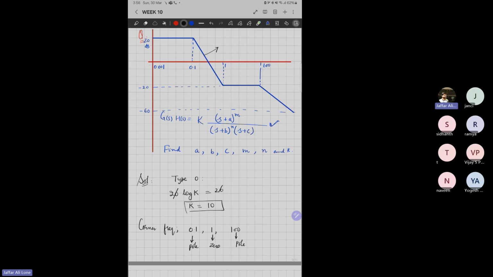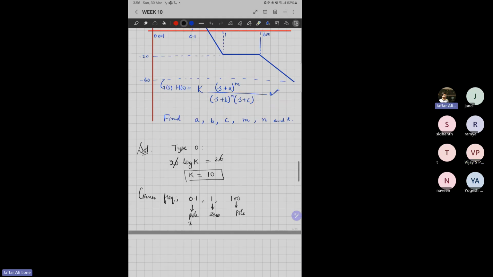So it means there is 40 dB. So it's a second order pole at 0.1.